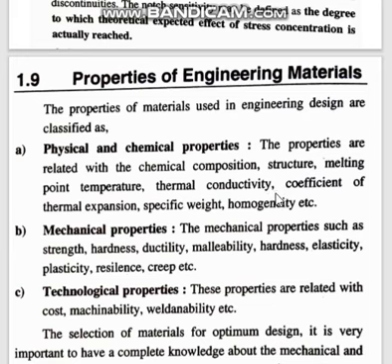And what is the thermal conductivity, whether something is a conductor or an insulator, and if it is a conductor, how much is the conductivity, whether it is as good as copper or silver, or not so much, like steel. Then the coefficient of thermal expansion: when we heat it, how much it expands. Then specific weight, the weight per unit volume. Then homogeneity, whether it is homogeneous throughout, or in some part one material is more and in another part another material is more. All these come under physical and chemical properties.